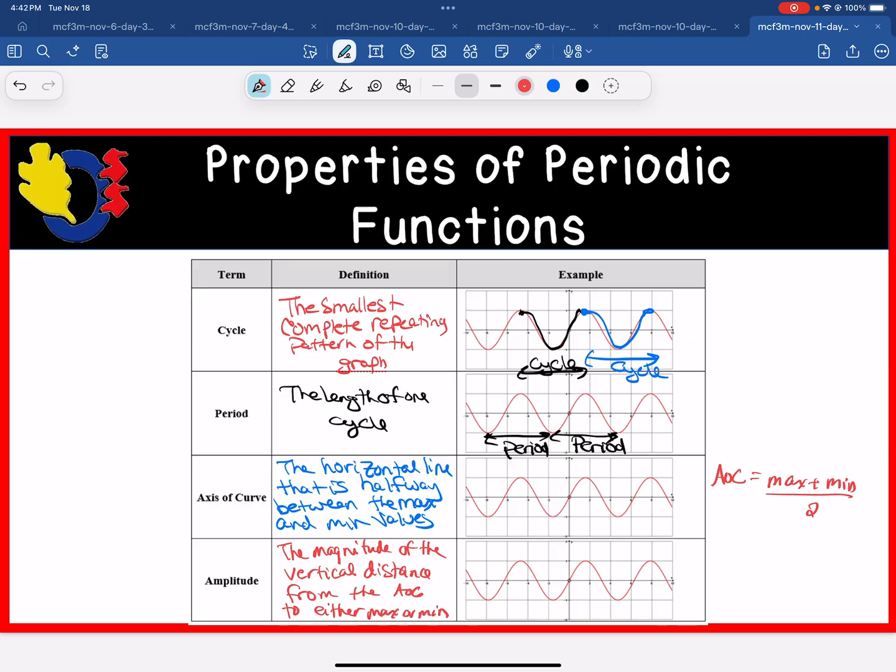All right, so again, if we sketch in our AOC, amplitude is this distance here.